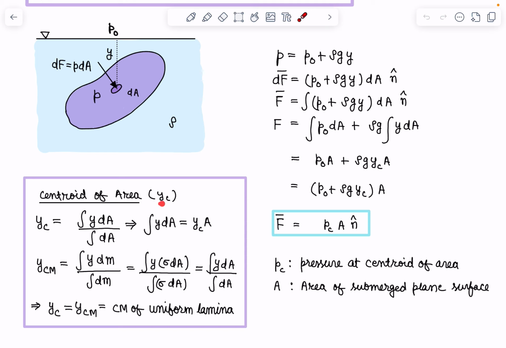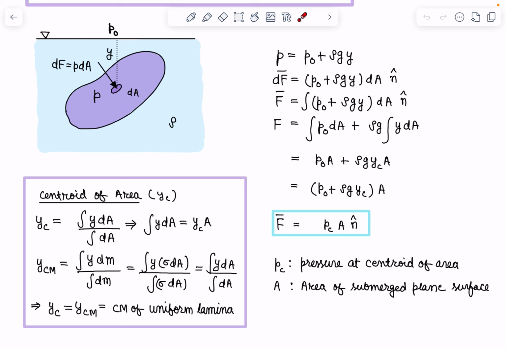Centroid of area, I have given the symbol y_C, and I am defining it as integral of y dA upon integral of dA. When we rearrange to find ∫y dA, we can write it as y_C times A. So ∫y dA resembles the calculation for center of mass of a mass distribution.